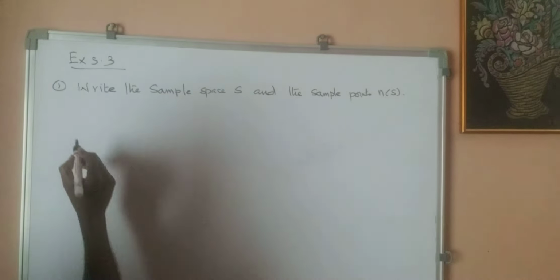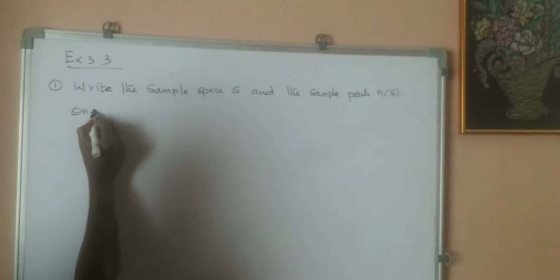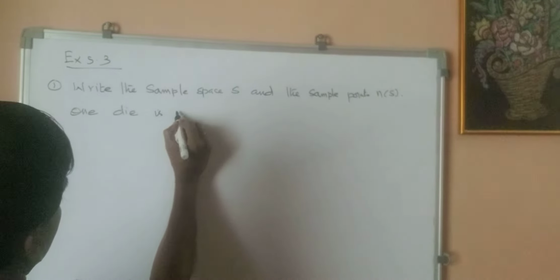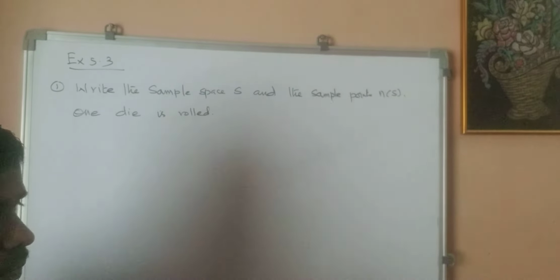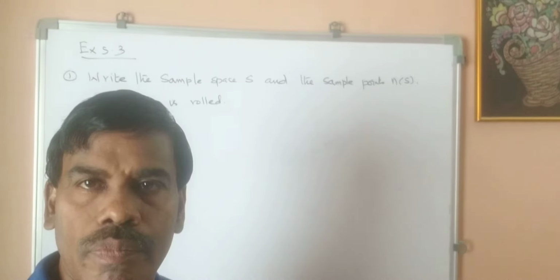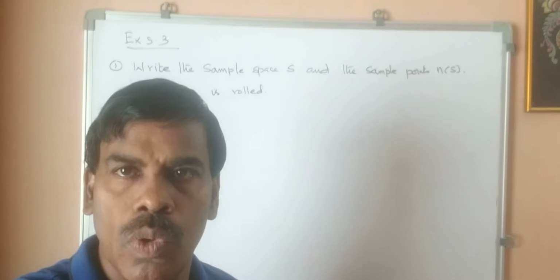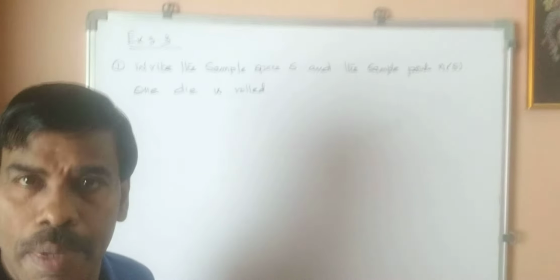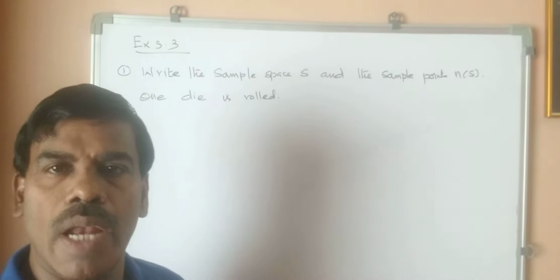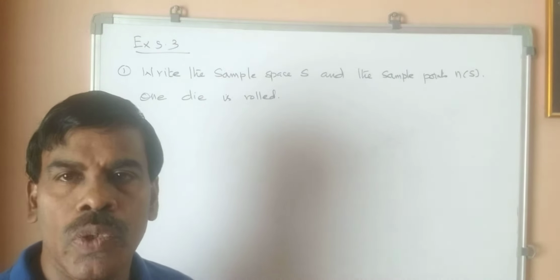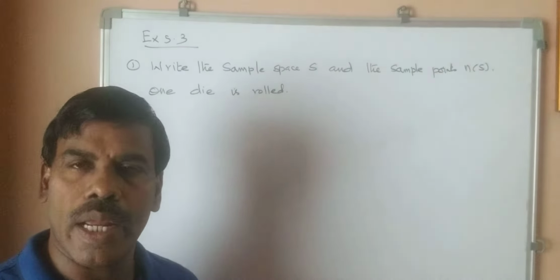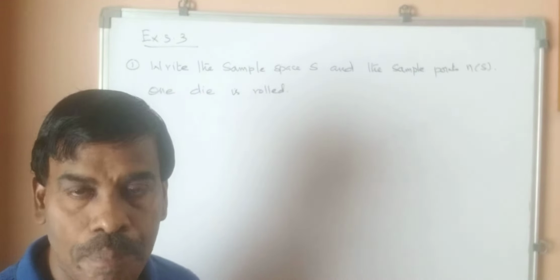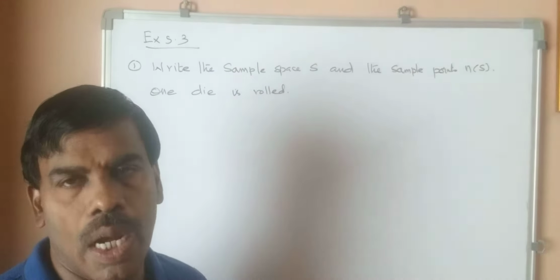Okay, for example, one die is rolled. Now tell me, die means what? It will have 6 faces. So when you roll a die, you will either get 1, 2, 3, 4, 5 or 6. Any one of those numbers will appear.